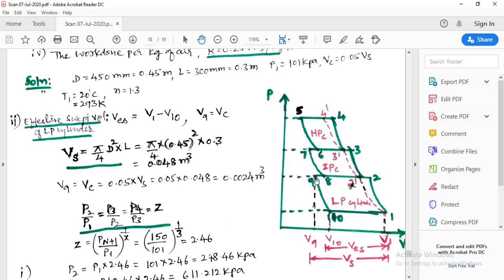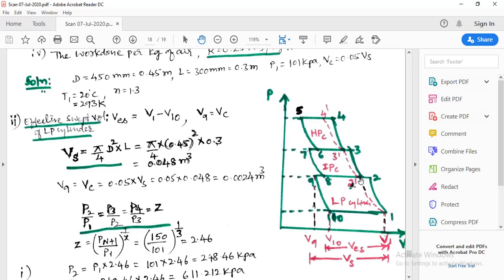From the intercooler, this volume of air enters the intermediate pressure cylinder, that is the second cylinder. Here it is compressed to V3 minus V7. V7 is the clearance volume for the second cylinder. So after compression, the V2 dash minus V9 volume is compressed to V3 minus V7. This volume of air enters the second intercooler, where its temperature is decreased to the initial temperature.